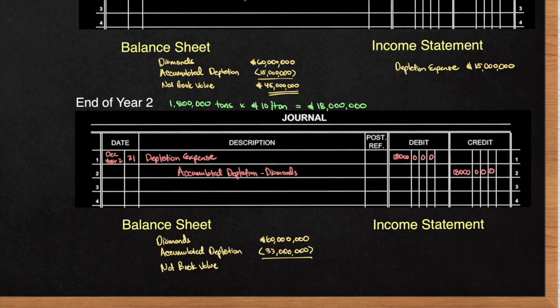And then your net book value will give you $27 million. Your income statement will have the depletion expense line for $18 million. And there you have it, depletion for a natural resource.